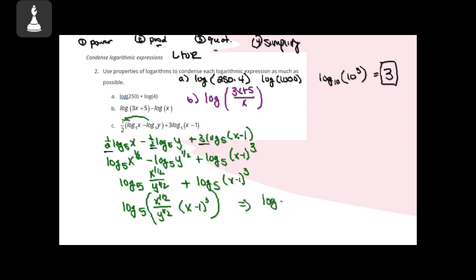Key things to note: I could have, at this step, gone right to here, because they're all log base 5s, so I would have done log base 5. This first one is x to the half, so I know that that's on top. Y to the half is a minus, so that has to go underneath.